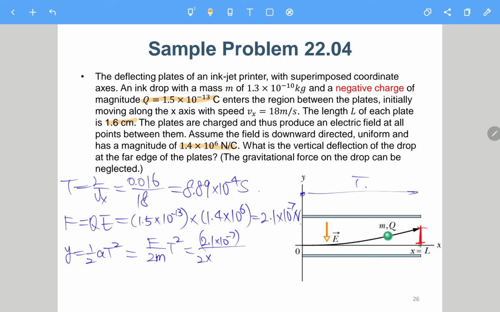M is here, 1.3 times 10 to negative 10, times T, T is this one, 8.89 times 10 to negative 4 quantity squared. So the answer will be 6.4 times 10 to negative 4 meter.